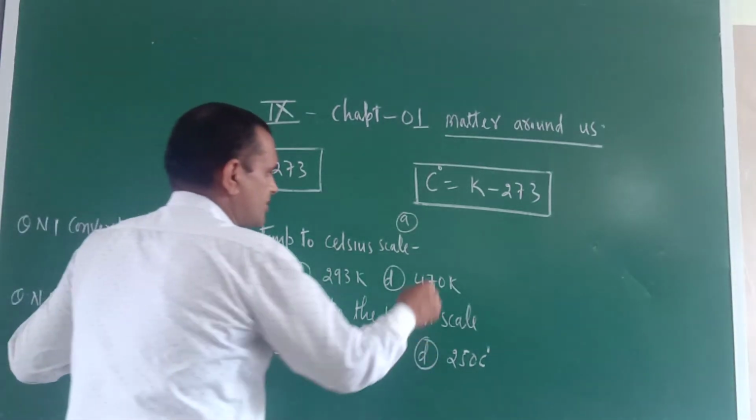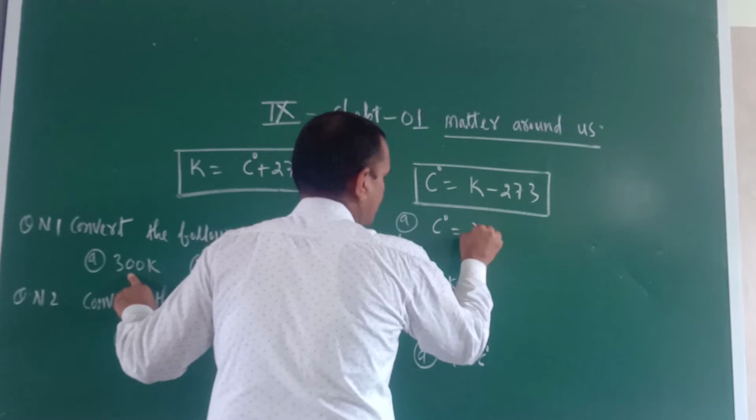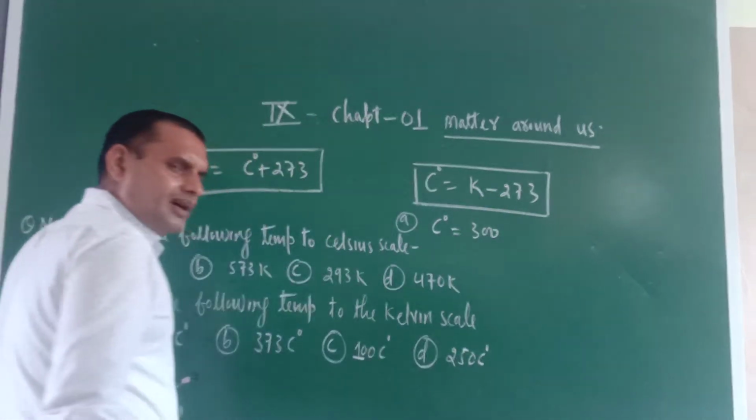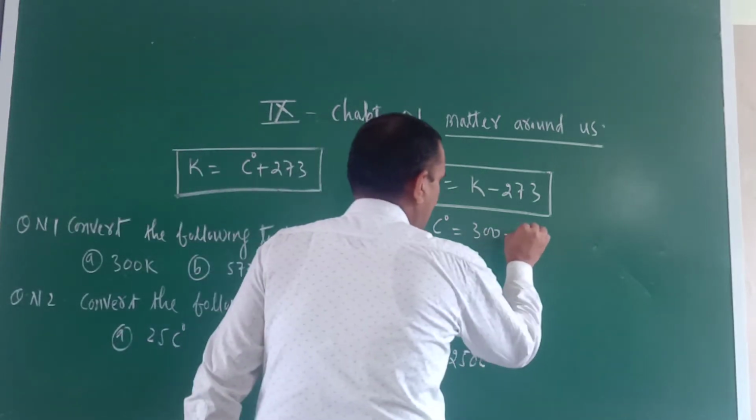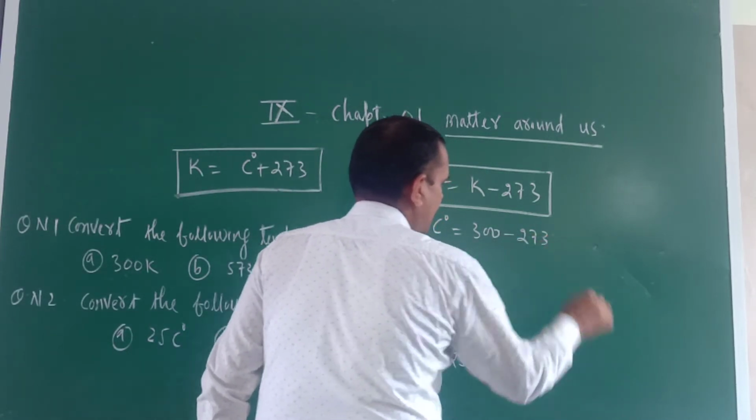300 Kelvin. So the degree Celsius equals 300, putting the value of the Kelvin temperature here. So 300 minus 273.